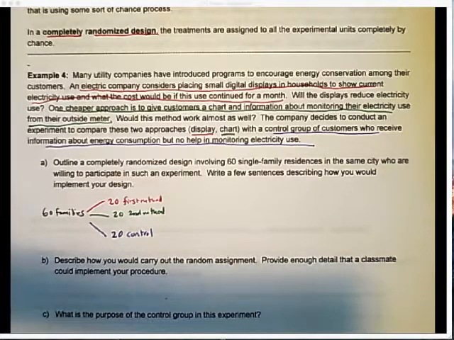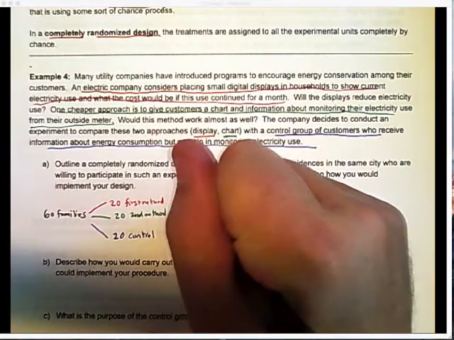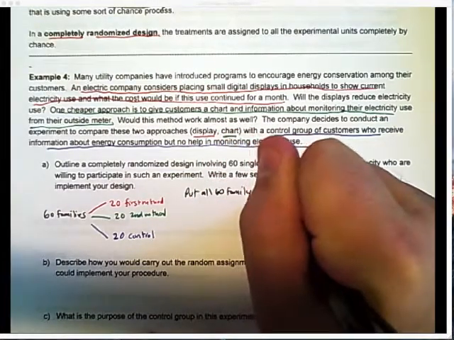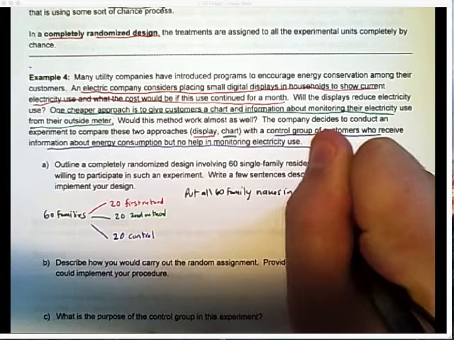So here's how I'm going to do it. I'm going to put all 60 family names in a hat and shake it up.